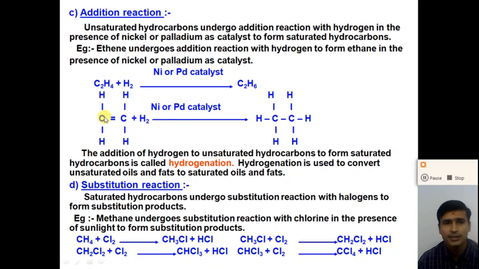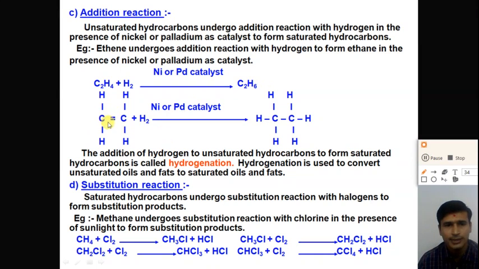If we consider the structure of ethene, there is a double covalent bond between the two carbon atoms, right? This double covalent bond will break and additional hydrogen atoms are connected, one hydrogen atom to each carbon atom, in the presence of the nickel or palladium catalyst.